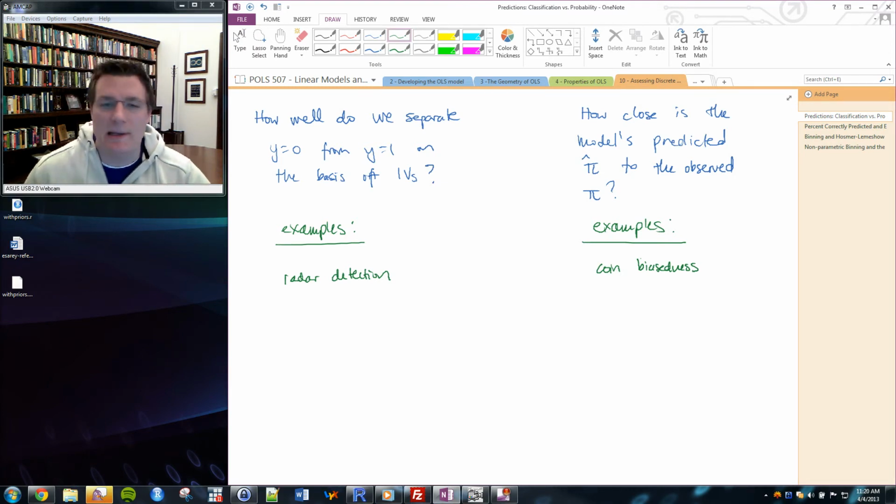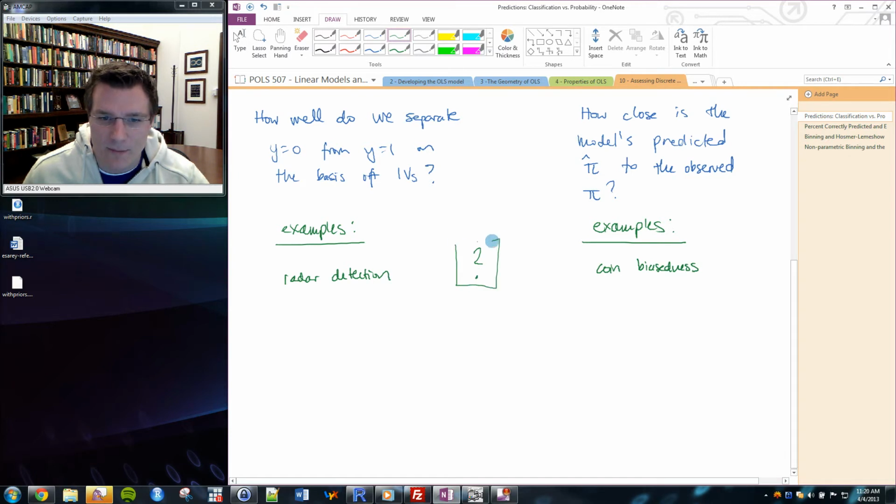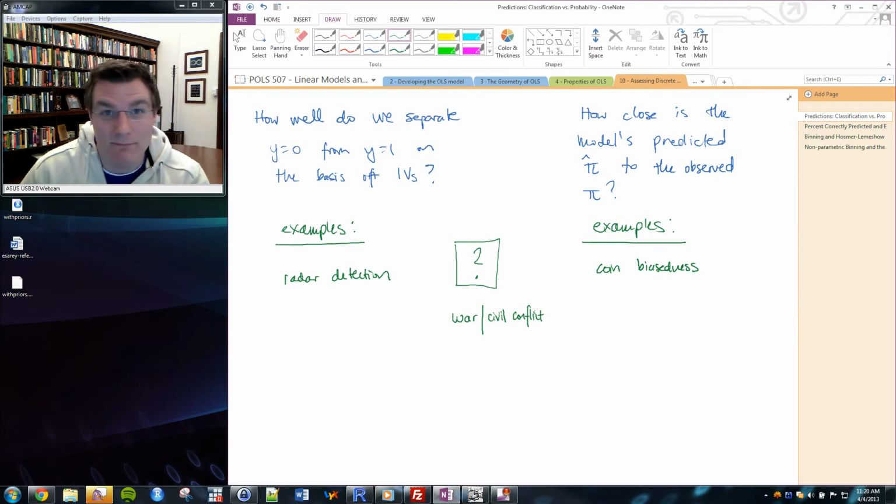Those are sort of clear-cut physical cases. Of course, all the interesting cases are in the questionable area in between. For example, things like war or civil conflict. Is that deterministic, or is that partially irreducibly random? Well, that I think is at least in part a theoretical question.